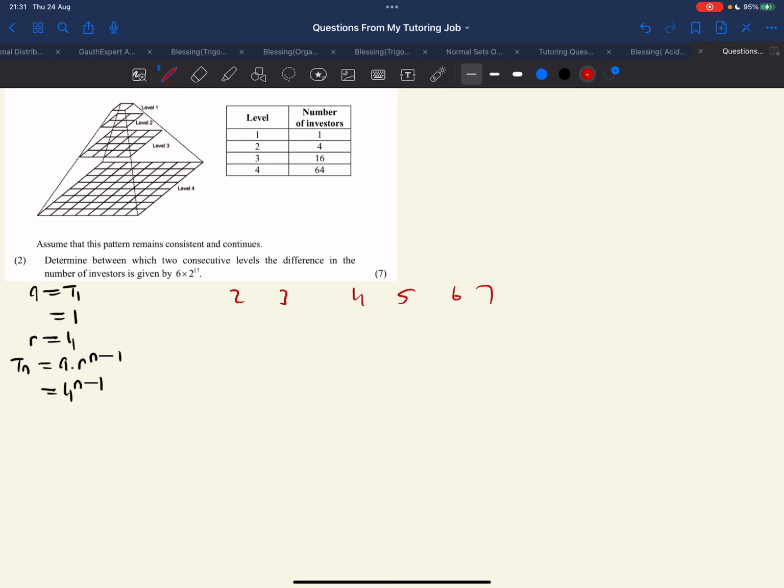It means that if we move from 6, we must go to 7. So that number can be between 2 and 3, 4 and 5, or 6 and 7, and so on.